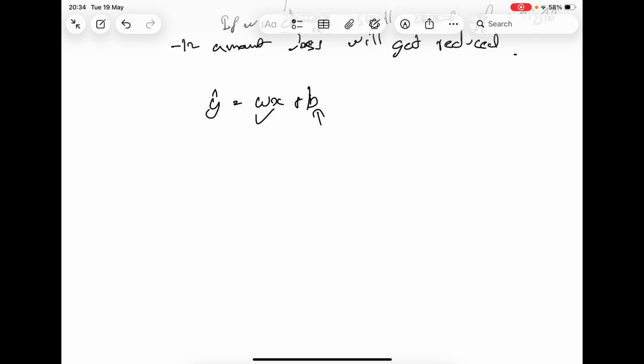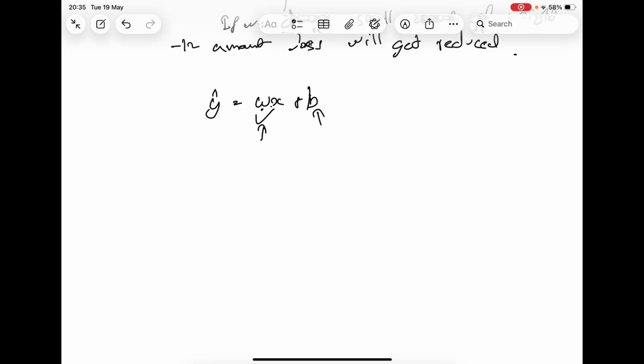So we do the exact same process for the bias, right? And same formula, same steps. The only thing that changes is we differentiate with respect to b instead of w. So remember, we have differentiated this with respect to w, but if you want to find the derivative of b, we need to differentiate it with respect to b. So that's the only difference.